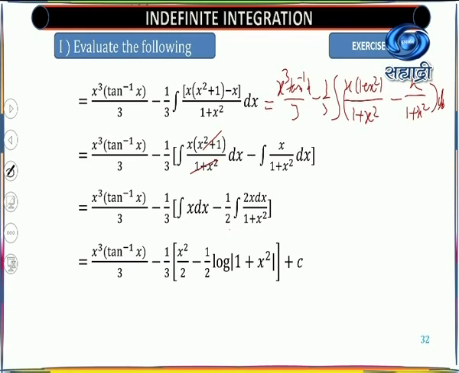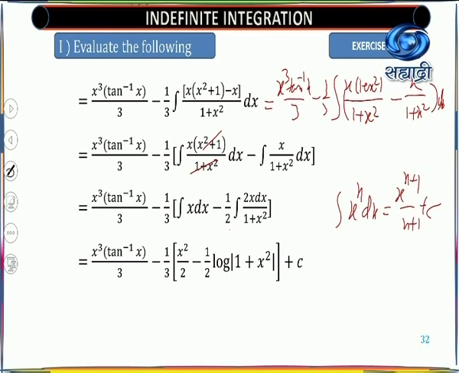That is nothing but x cube tan inverse of x upon 3 minus 1 upon 3. Integration of x is by using your formula, integral of x raised to n dx is x raised to n plus 1 upon n plus 1 plus constant of integration. So here you will get x square upon 2 minus half.